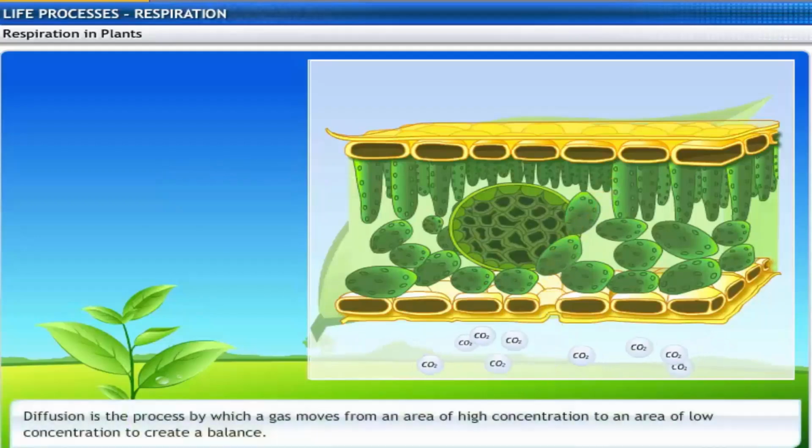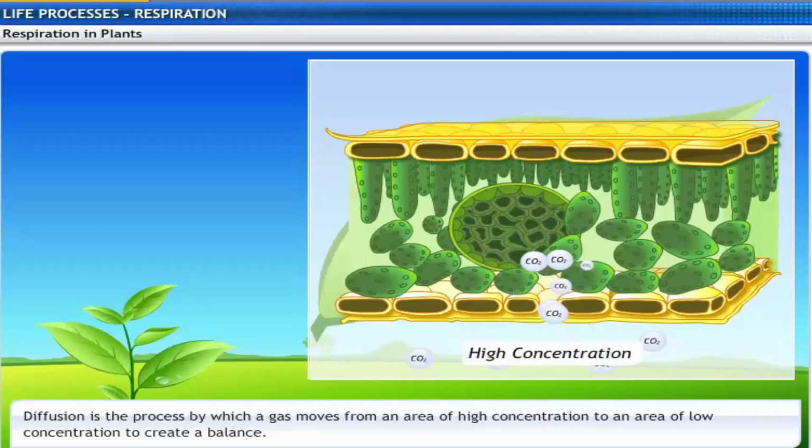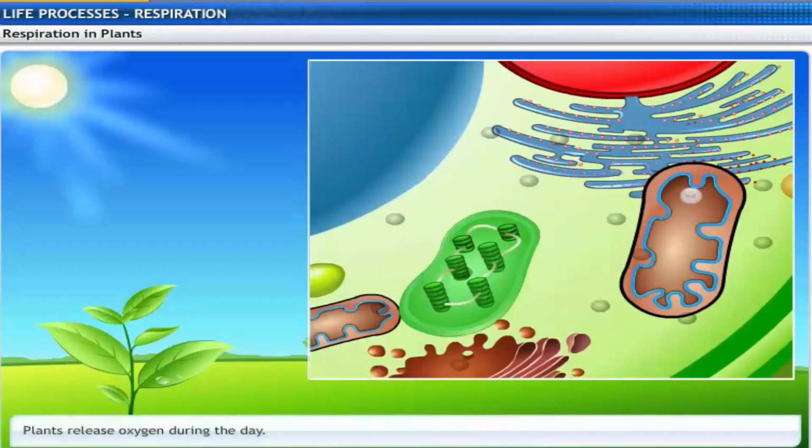Diffusion is the process by which a gas from an area of high concentration will move to an area of relatively low concentration until an equilibrium is reached. During the day, carbon dioxide generated during respiration is used up for photosynthesis.